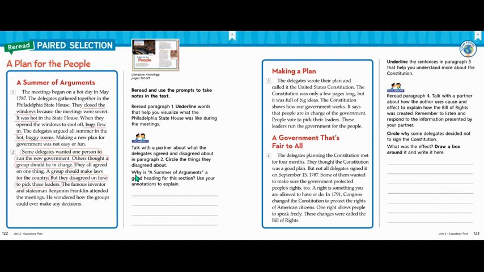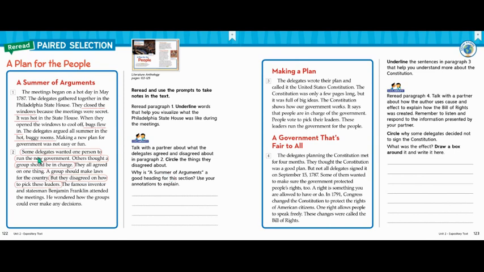The rest of this question says, why is a summer of arguments a good heading for this section? Use your annotations to explain. So this section is a summer of arguments, and we just did all this annotating, finding text evidence for the prior two questions. So why is this a good heading title?